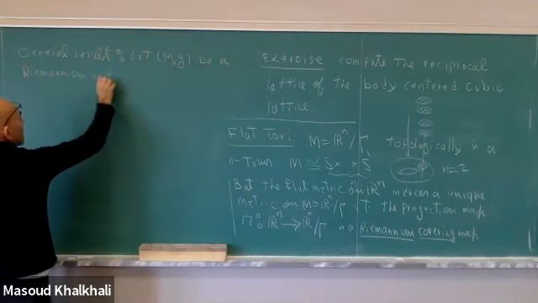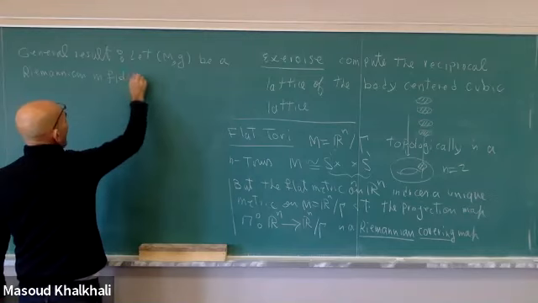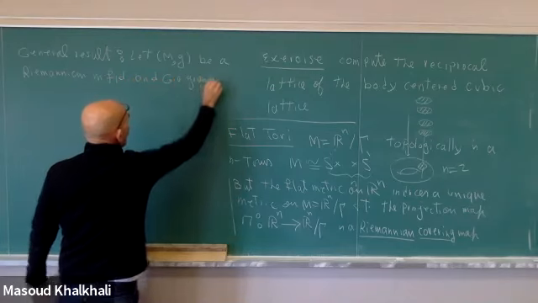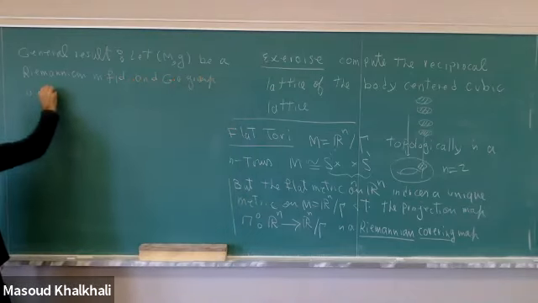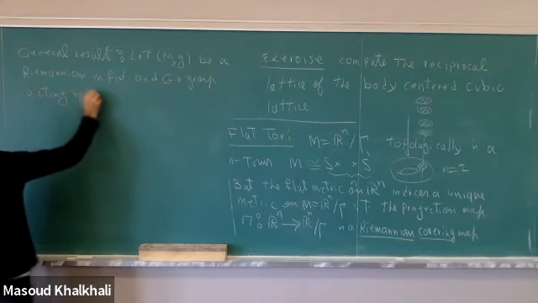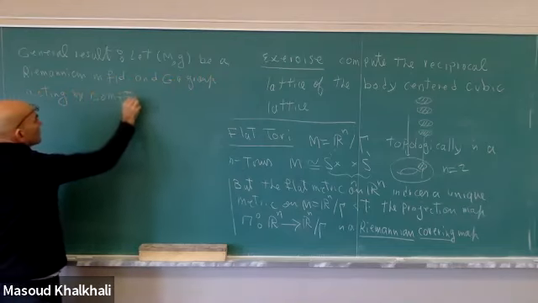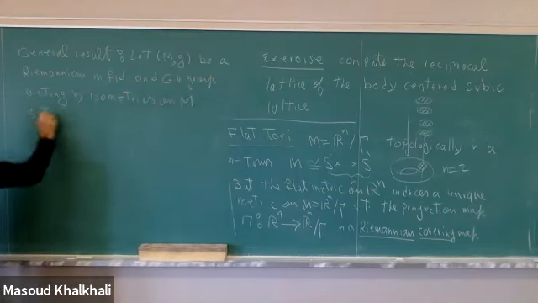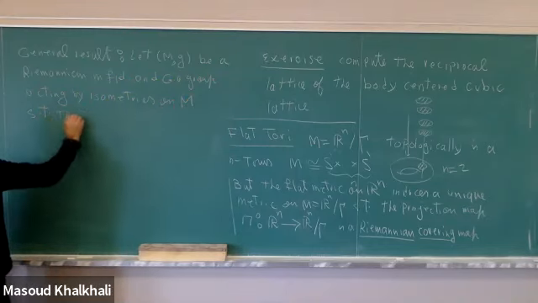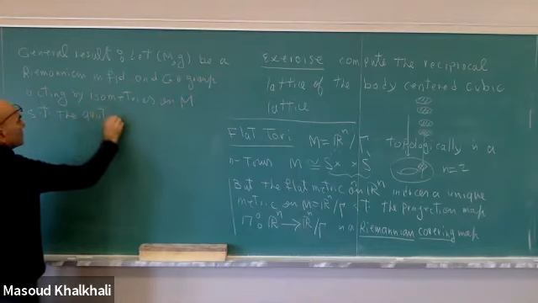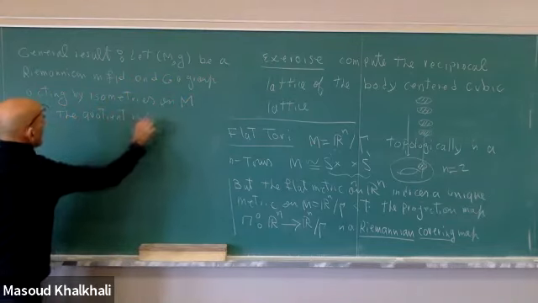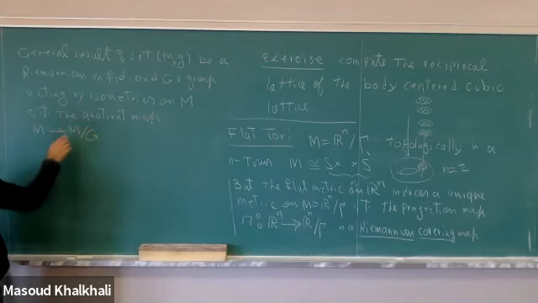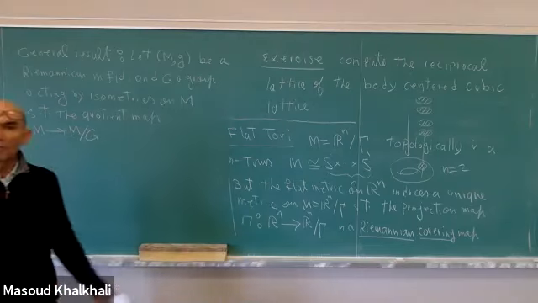Let (M, g) be a Riemannian manifold, and G a group acting by isometries on M such that the quotient map from M to M mod G is a covering map. That's the quotient manifold through this action.